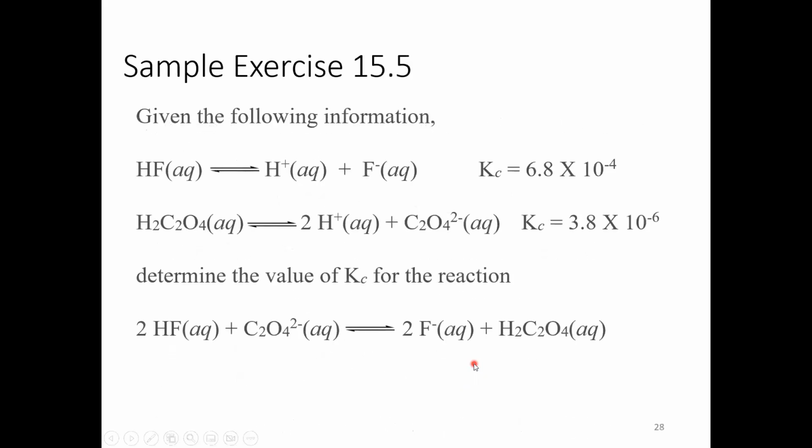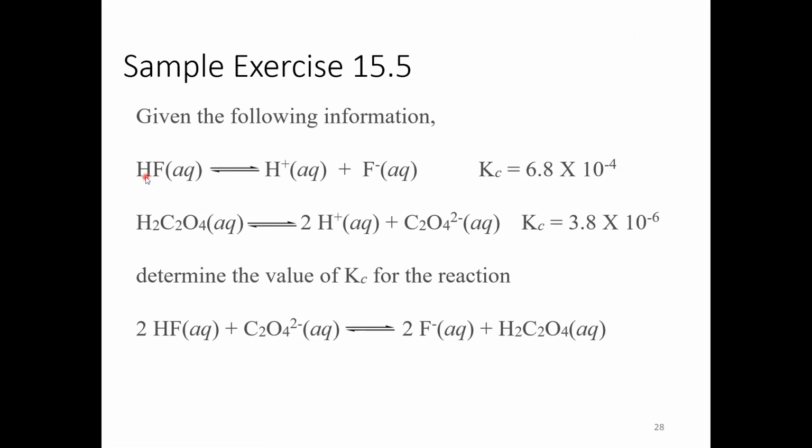But now with this one, we'll be able to see that step process I was referring to. If we've got multiple steps, the equilibrium constant for the overall process is just going to be the product of those steps.